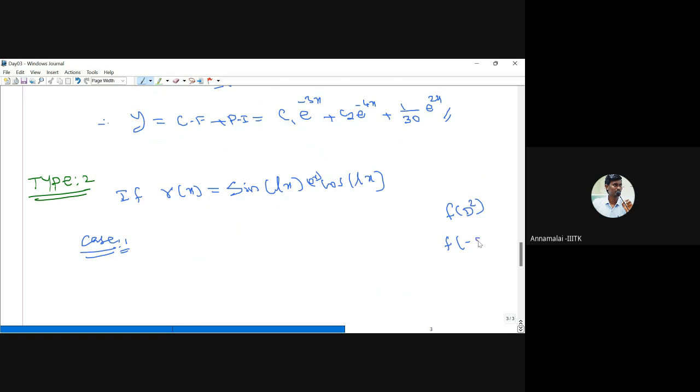If f of minus a square is non-zero, meaning just replace d square by minus a square, not for other powers, only for d square, then the particular integral is 1 by f of minus a square times, if you take the sine case, sine lx as the right hand side, into sine lx.